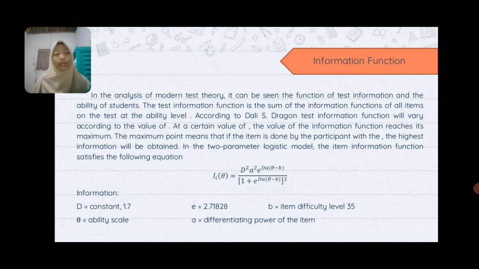For your information, D is a constant whose value is 1.7, and theta is the ability scale, e is the Euler number, whose value is 2.71828. And a is the discriminating power of the item, and b is the item difficulty level.